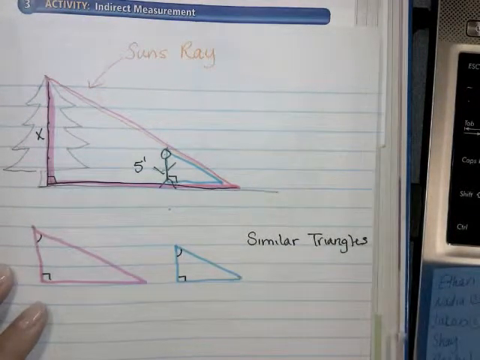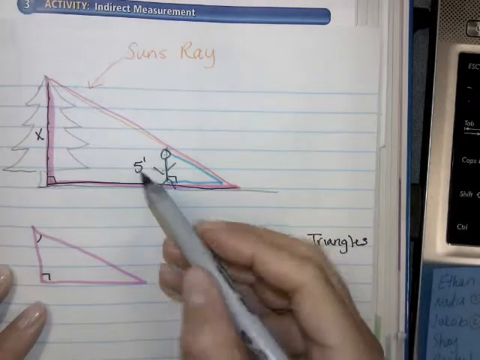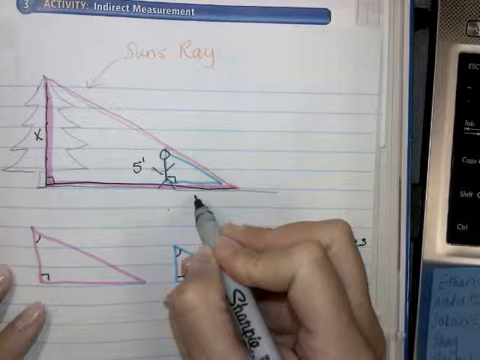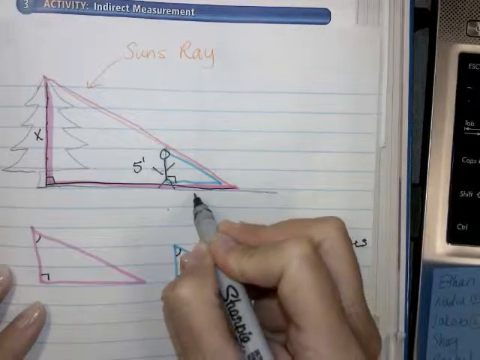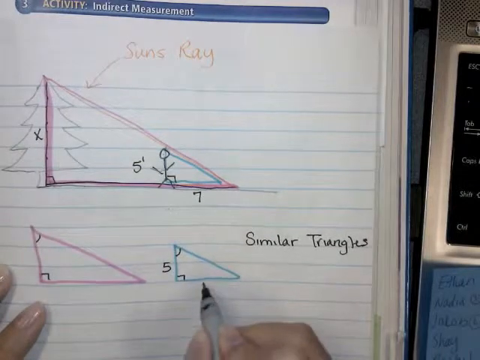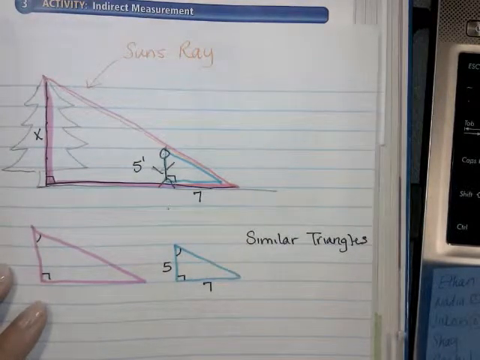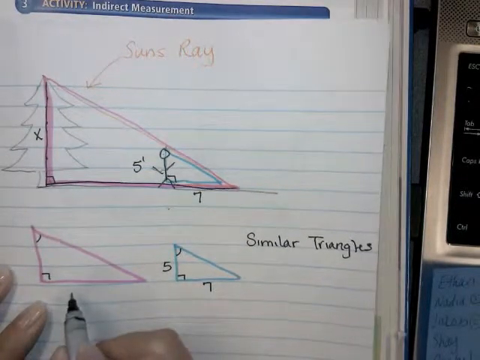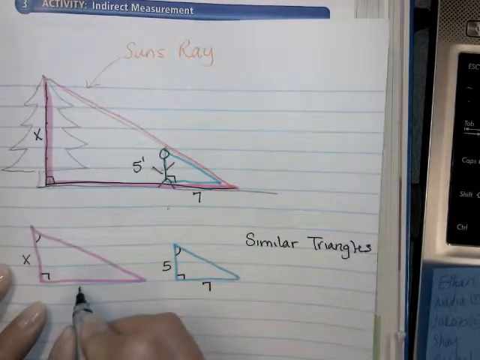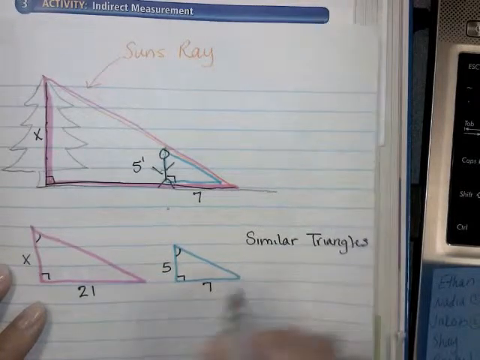Now, there would be some more information given to you. If I told you that a 5-foot person casts a, let's see, 7-foot shadow. So this is 5, and this is 7. And then the tree, we don't know how tall it is, but it casts a 21-foot shadow.